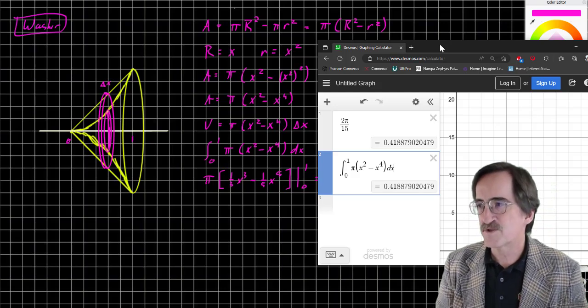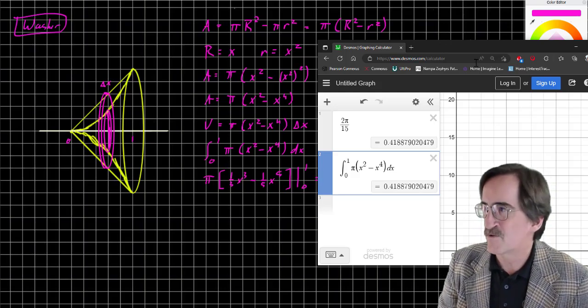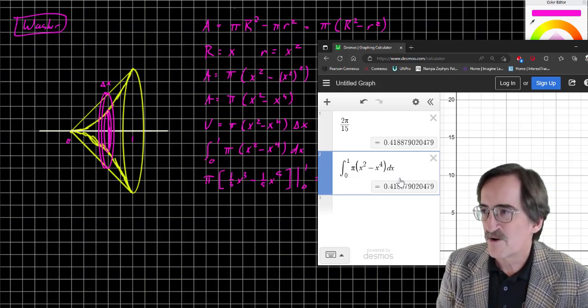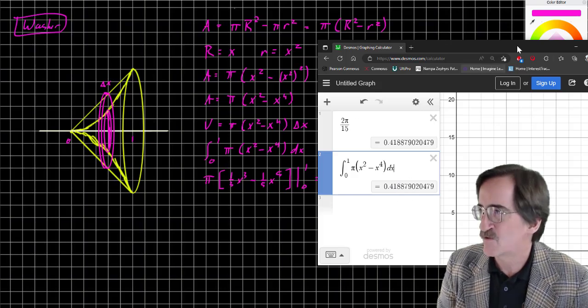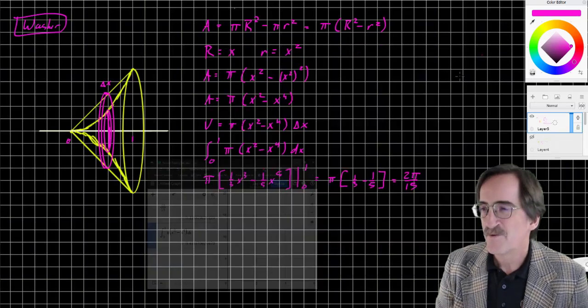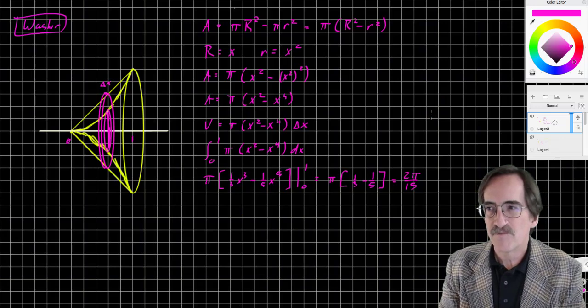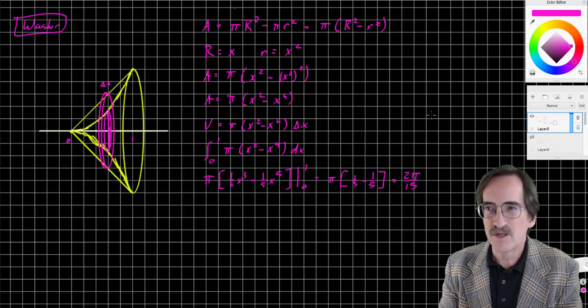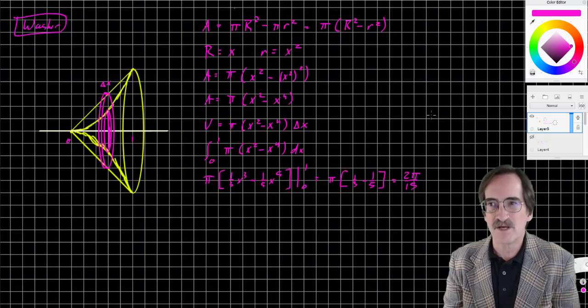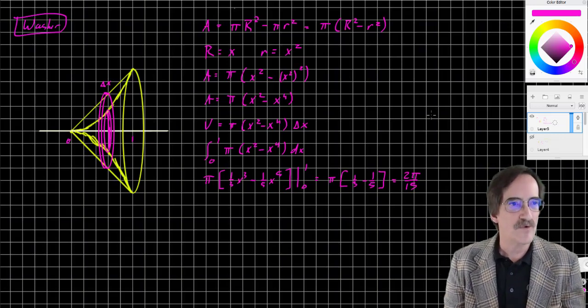Okay, there we go. So it is in agreement. We did the integral correctly. The calculator gives me a rounded decimal answer. The exact answer would be 2 pi over 15. Okay, and so that's called the washer method. I'm going to wait to do the off-center example for another video.